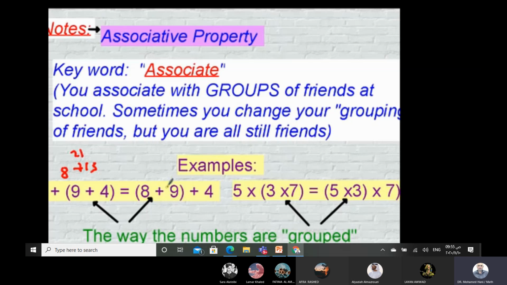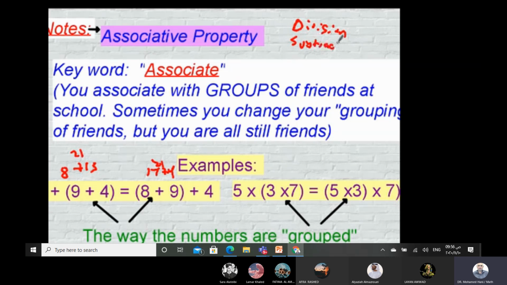On this side, 8 plus 9 is 17, plus 4, still 21. Doesn't make a difference which two I grouped. Same idea, that works for multiplication. Just like the commutative property, though, this does not work for division or subtraction.